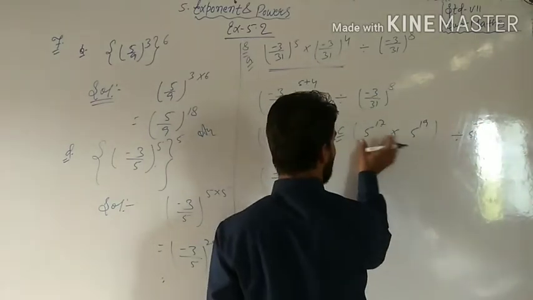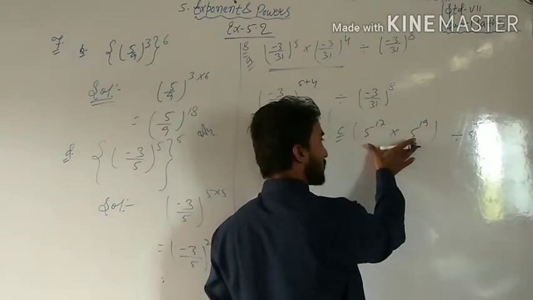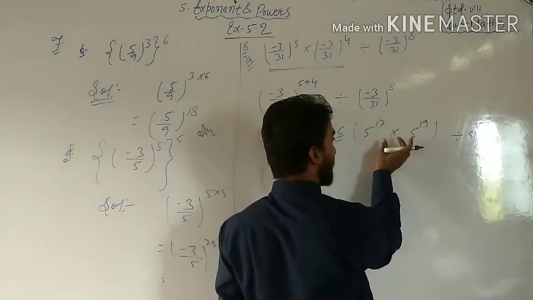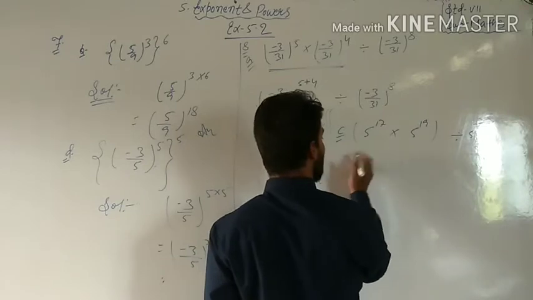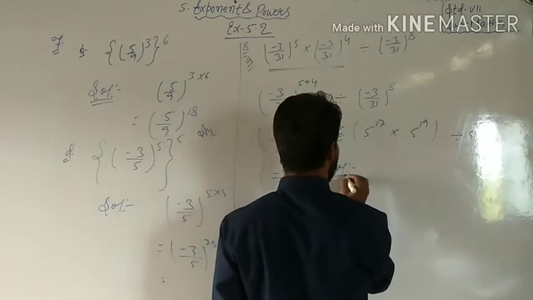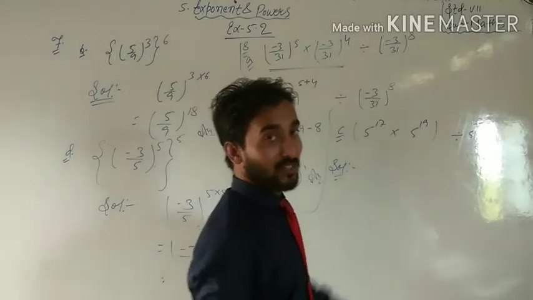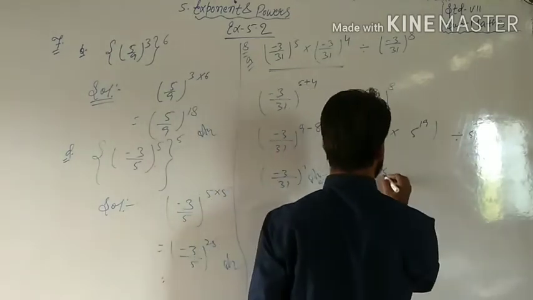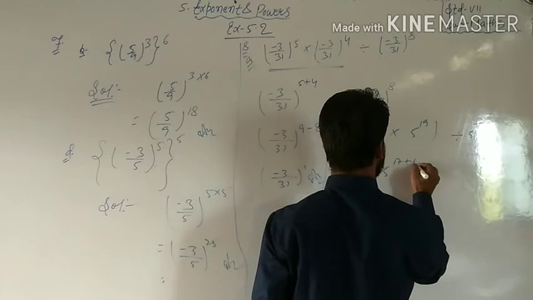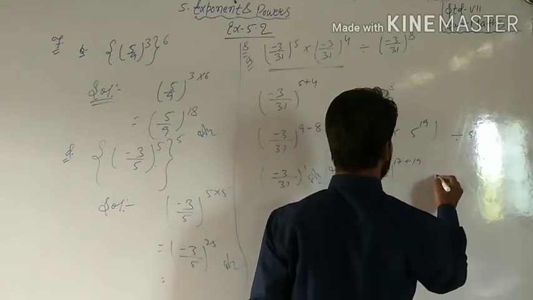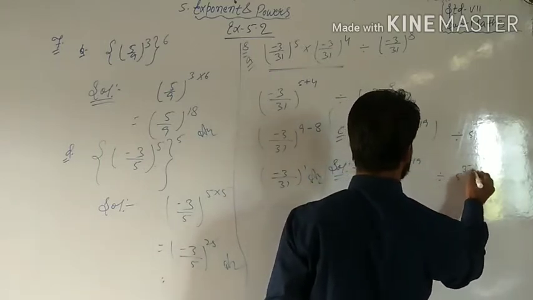See, both are in multiplication and the bases are also the same. When the bases are the same and in multiplication, the powers will be added. We can write 17 plus 19 directly, divided by 5 to the power 37.